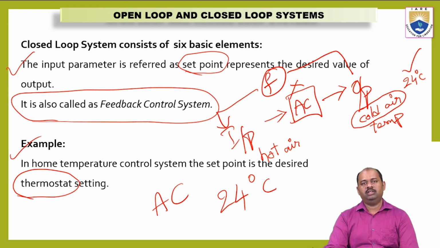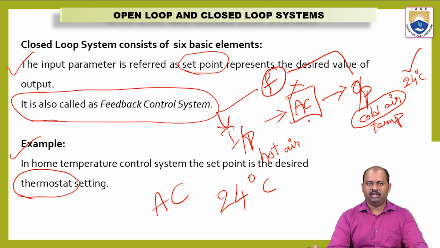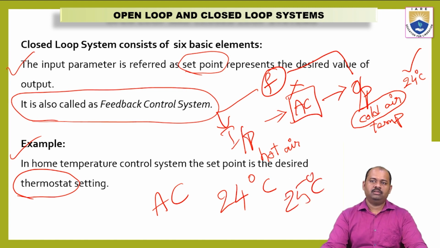the AC machine. Okay. Now, after some time, when the temperature is 24 degrees centigrade, it will turn off, and after some time the room temperature will slightly increase. If it increases to 25 degrees centigrade, what happens?